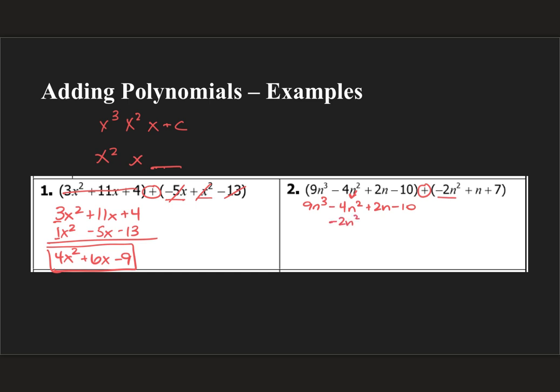And then plus 1n, and then plus 7. And then I just add up the like terms. So I have 9n cubed, negative 4 minus 2 is negative 6, 2 plus 1 is 3, and negative 10 plus 7 is negative 3. So that's how the addition ones work, and that's how I set them up.